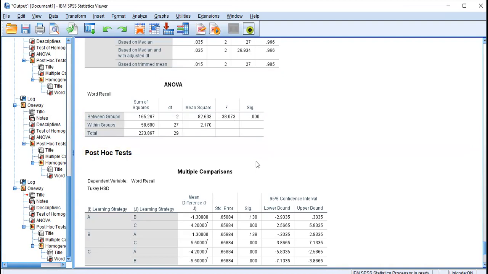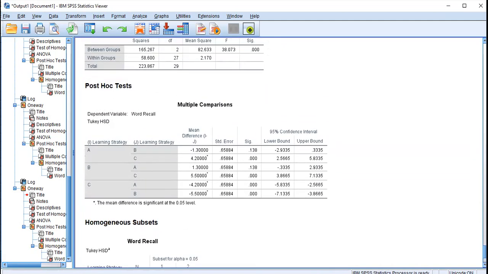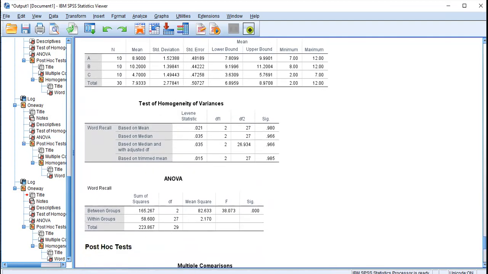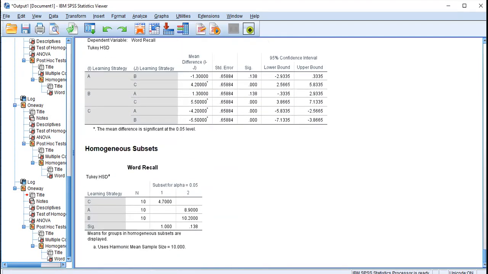So we go for the alternate hypothesis and accept it. But frankly, we are more keen on knowing whether there are differences between A and B, B and C, or A and C. Do differences exist for all three? To see that, we come to the post hoc test, where we look at the word recall answer.